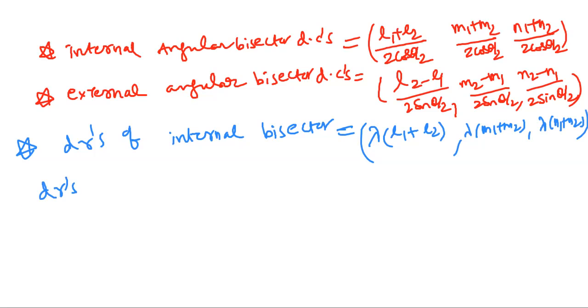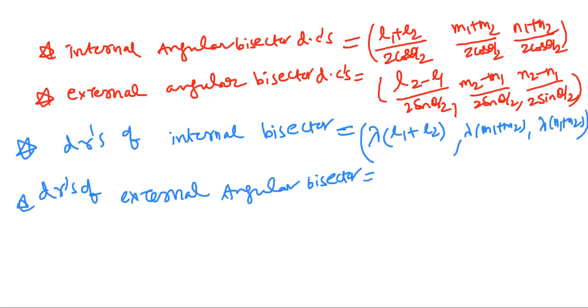Similarly, DRs of the external angular bisector are again going to be lambda into L2 minus L1, lambda into M2 minus M1, lambda into N2 minus N1.